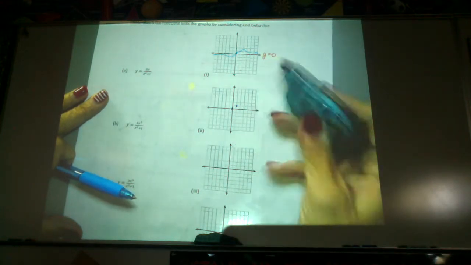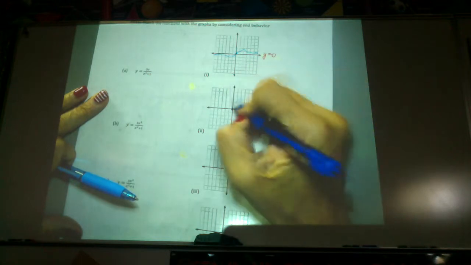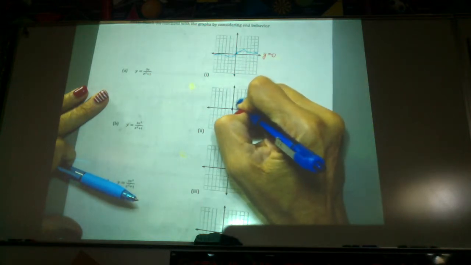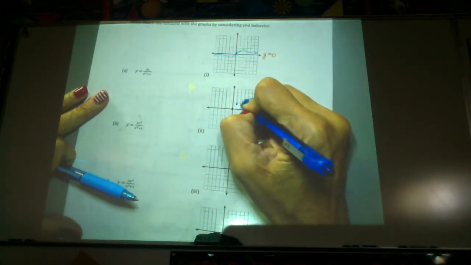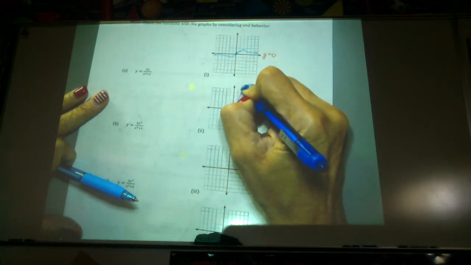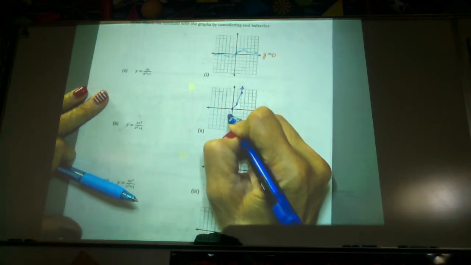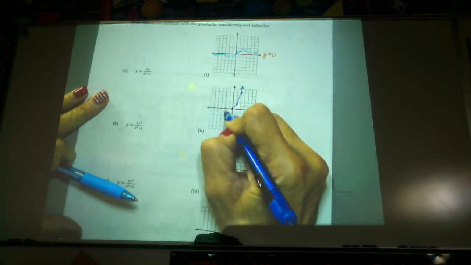Let's do 1, 1.5. So 1, 1.5. And let's do 2, 5. So it looks like this. And then it also is at negative 1, negative 1.5, and negative 2, negative 5.